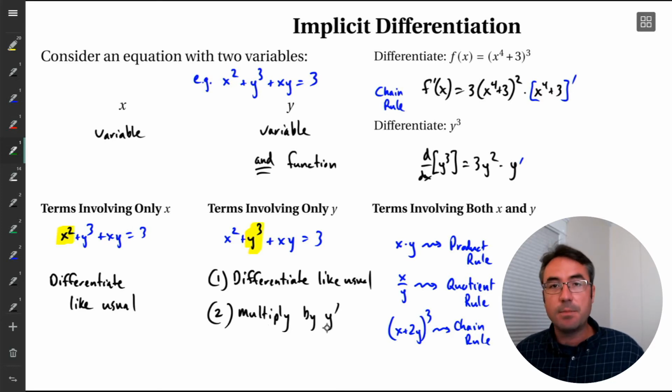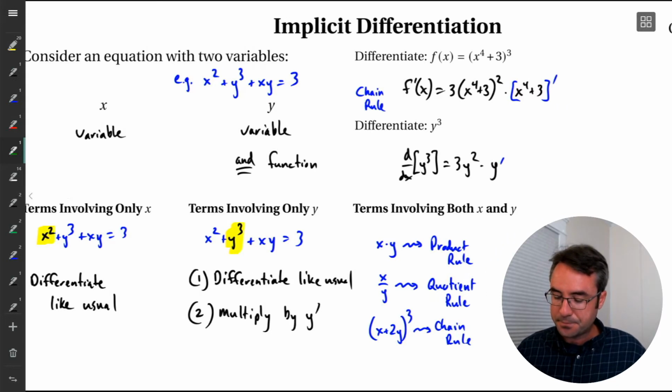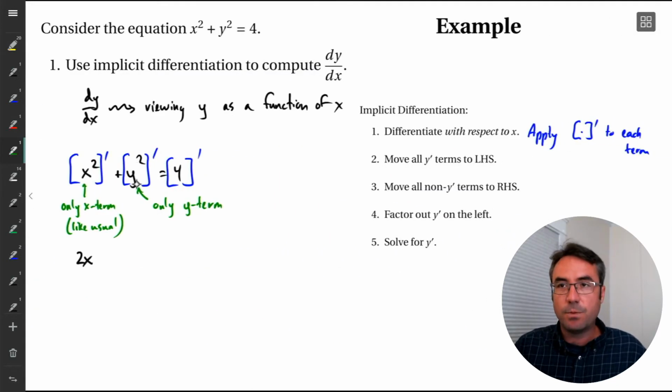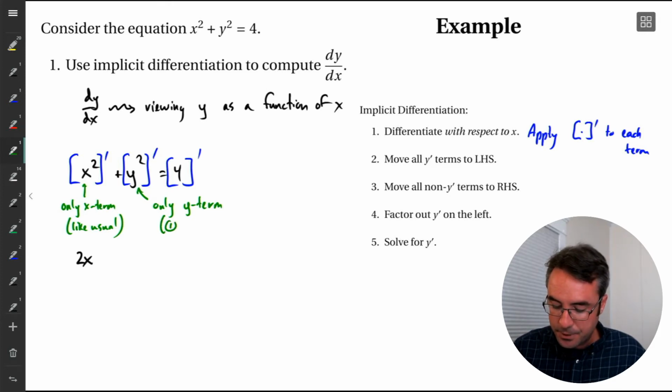But then we're also going to multiply the result by y prime, because we're also viewing y as a function. So there's a hidden chain rule going on here. We're going to differentiate like usual, and then multiply by y prime.